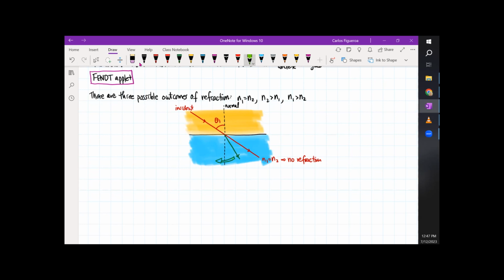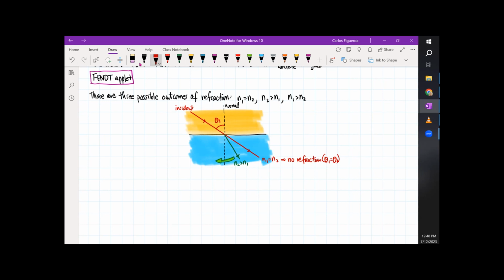And so that's what we say: if a ray moves towards the normal, then N2 has to be greater than N1. Over here, we saw that theta 1 was the same as theta 2. That's what we mean by that.